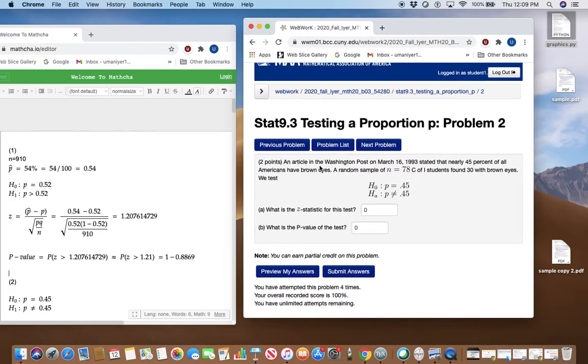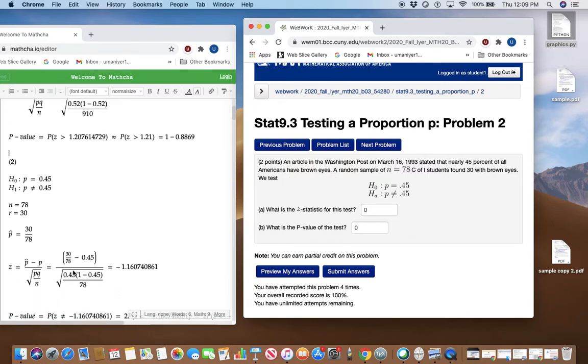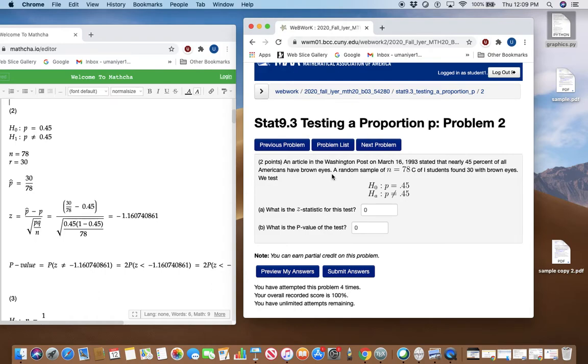Next problem. An article in the Washington Post on March 16, 1993 stated that nearly 45% of all Americans have brown eyes. So all Americans, that's something about the population. So P, the proportion, that's the null hypothesis, is 0.45.